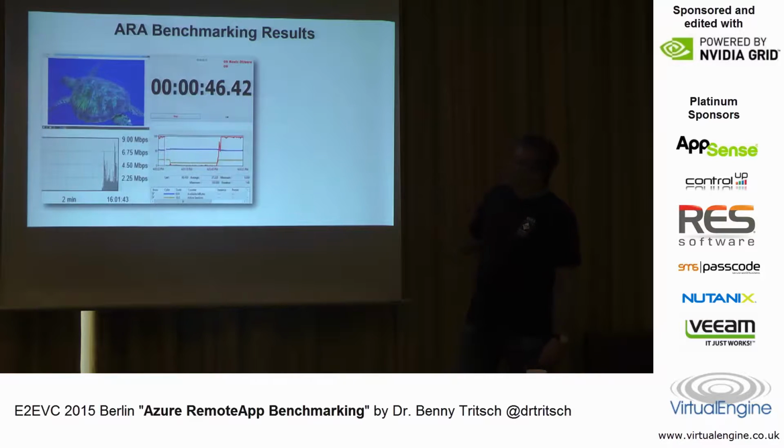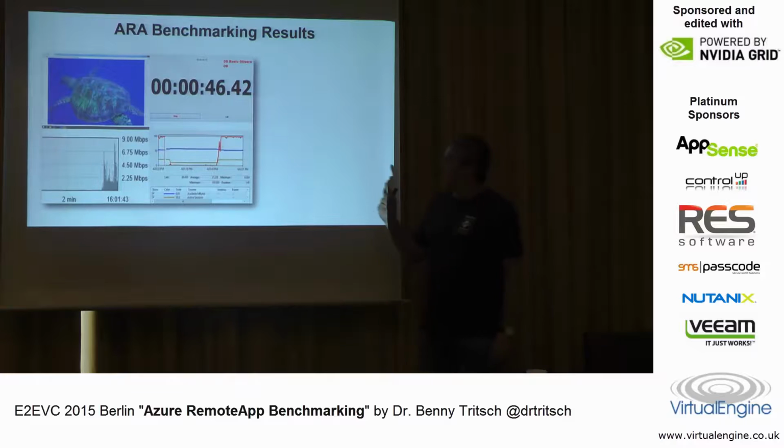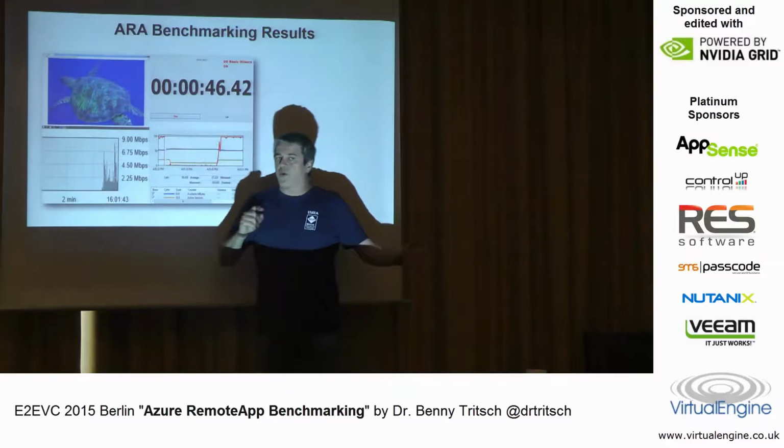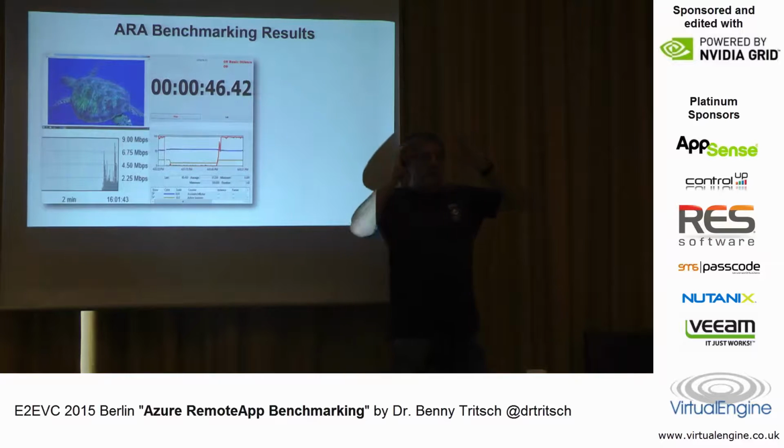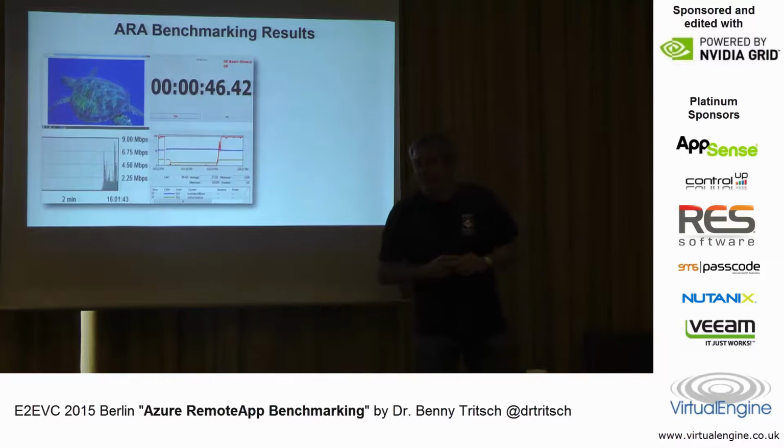So the benchmarking results: what we did is we went through many, many scenarios like, okay, what if we install everything on Azure? What if we install it on-prem? What is the impact of the network?